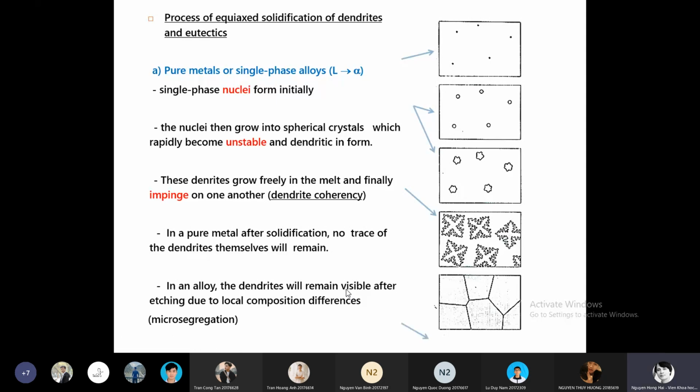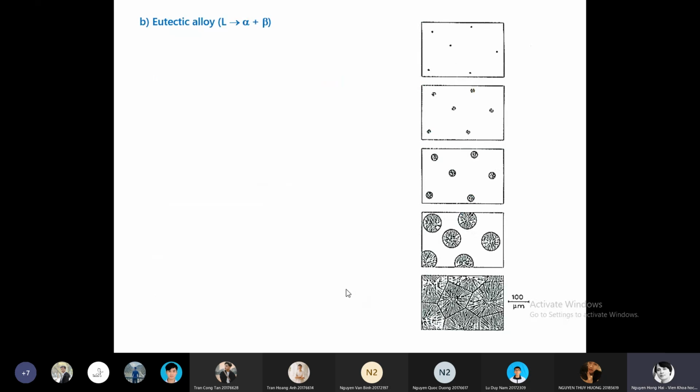In the case of the eutectic, we have the eutectic reaction from liquid. We have two or more solid phases simultaneously formed at the same time from liquid.